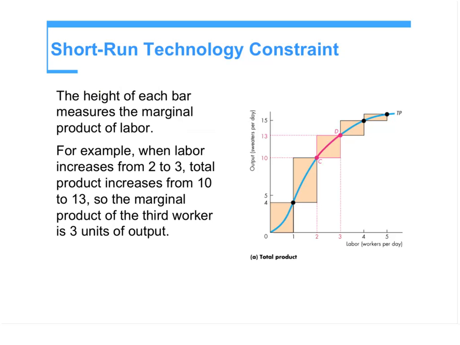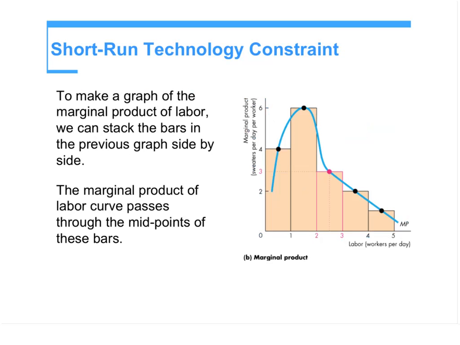So the height of each bar measures the marginal product of labor. For example, when labor increases from 2 to 3, the total product increases from 10 to 13. So the marginal product of the third worker is 3 units of output. To make a graph of the marginal product of labor, we can stack the bars from the previous graph side by side, and the marginal product of labor curve passes through the top of these bars.